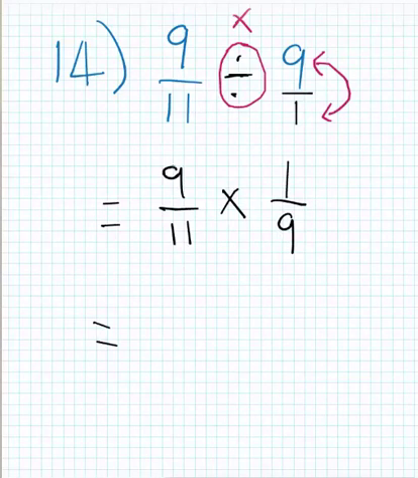So 9 and 9, same number, chop it off. It's gone. Or we have a 1 because we divided by 9. And now, what do we have left? Well, 1 times 1 is 1 over 11 times 1 is 11. And there's my answer. Okay, so keep practicing questions involving multiplication and division, and remember, practice makes perfect.